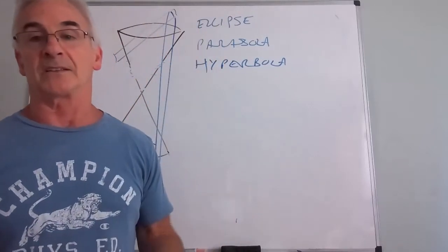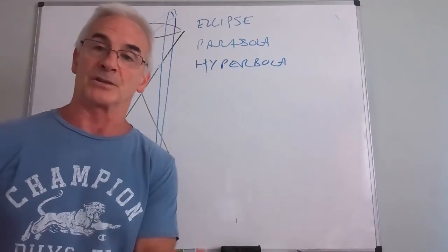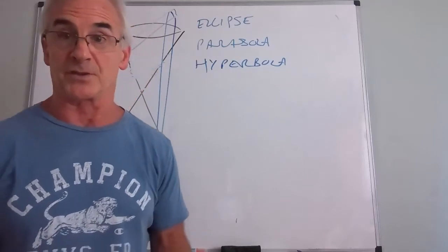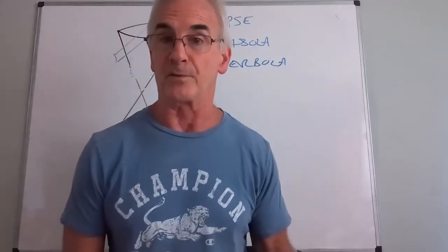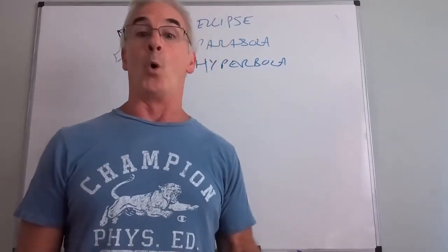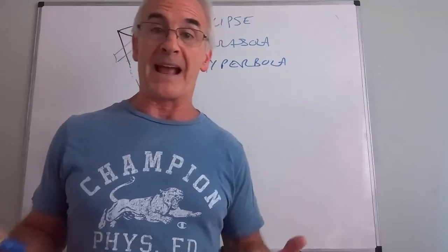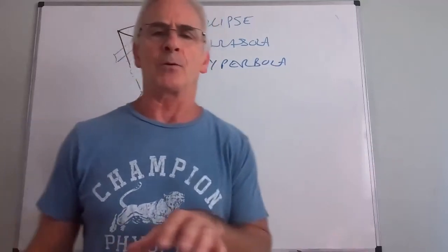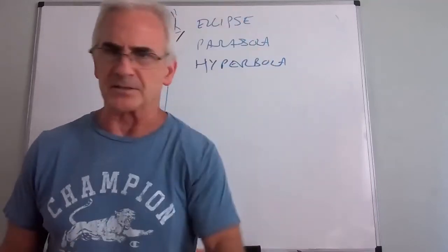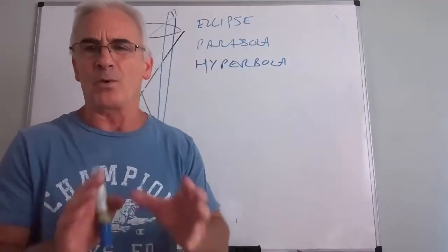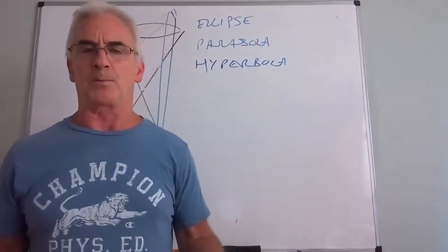The reason we're studying these now is because next semester in Calc 3, when we get to the three-dimensional stuff, these are going to be the most common things we work with. Three-dimensional versions of these. Oh, and when I'm looking at an equation, I have to know what the equation looks like. Kind of like right now in Calc 1, when you were finding areas and you were rotating things to find volumes, you needed to know what the region looked like or you couldn't set up your boundaries.